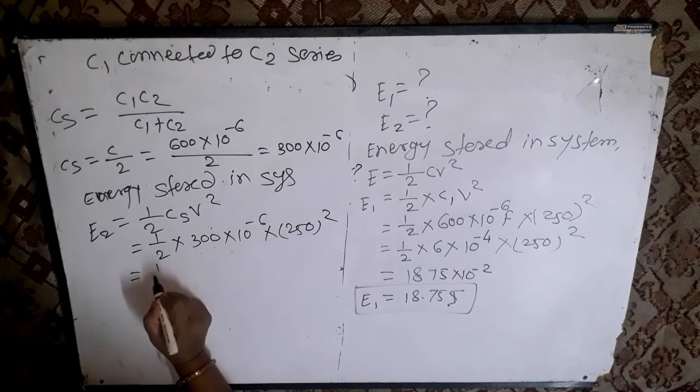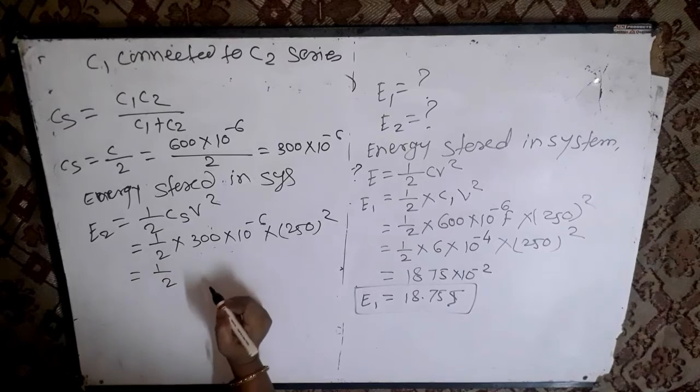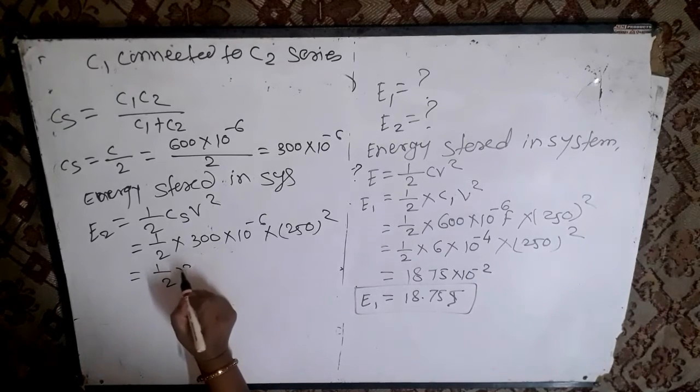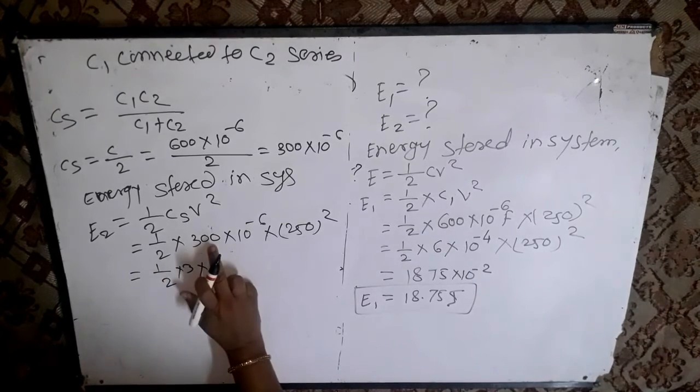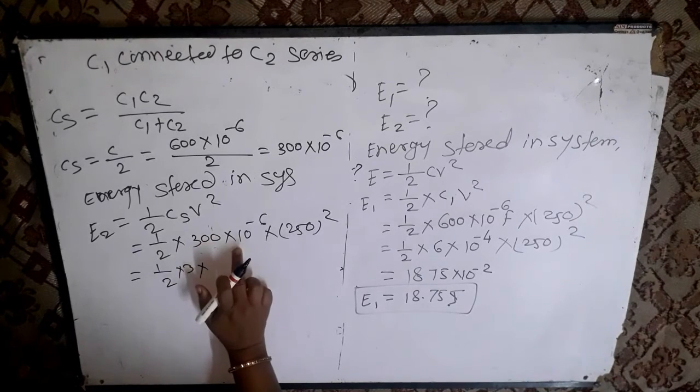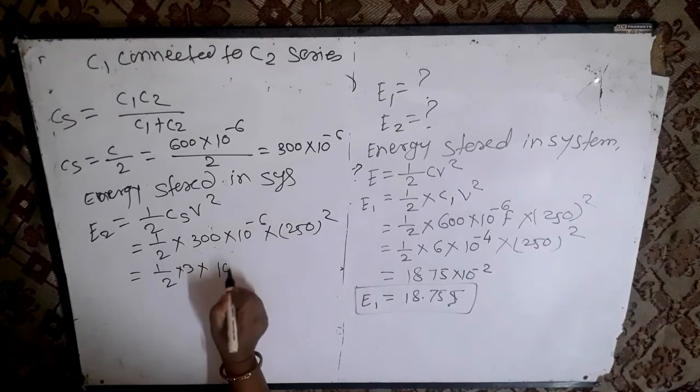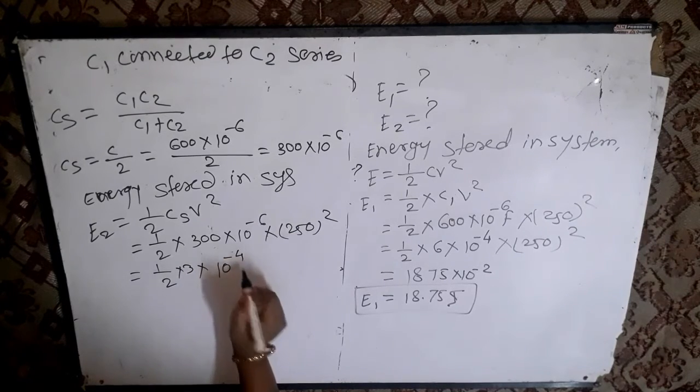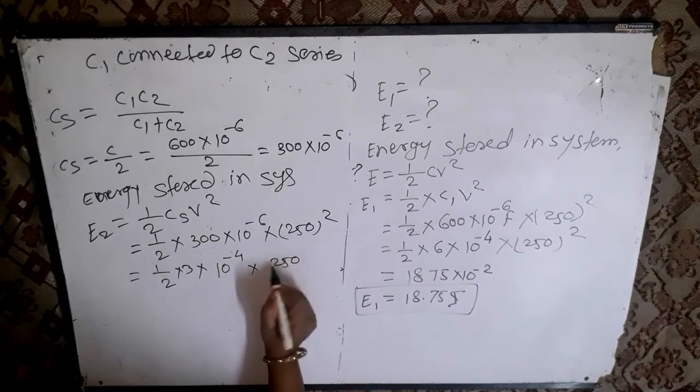So half into 3 into 10 raised to 2, and this 10 raised to minus 6, that is 10 raised to minus 4, into 250 square.